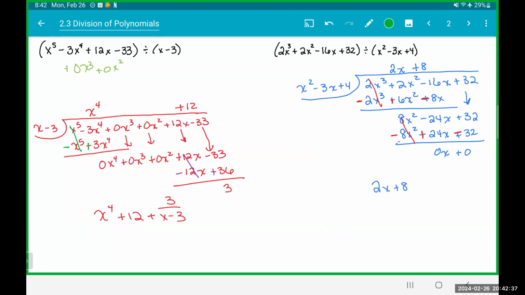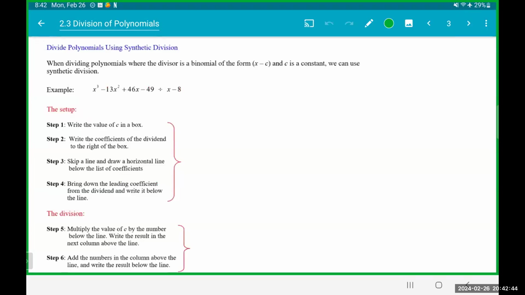All right. So now let's look at synthetic division. With synthetic division, you're going to end up with the exact same answer that you would get if you use long division. It's just much quicker, but you can't use synthetic division on every problem.